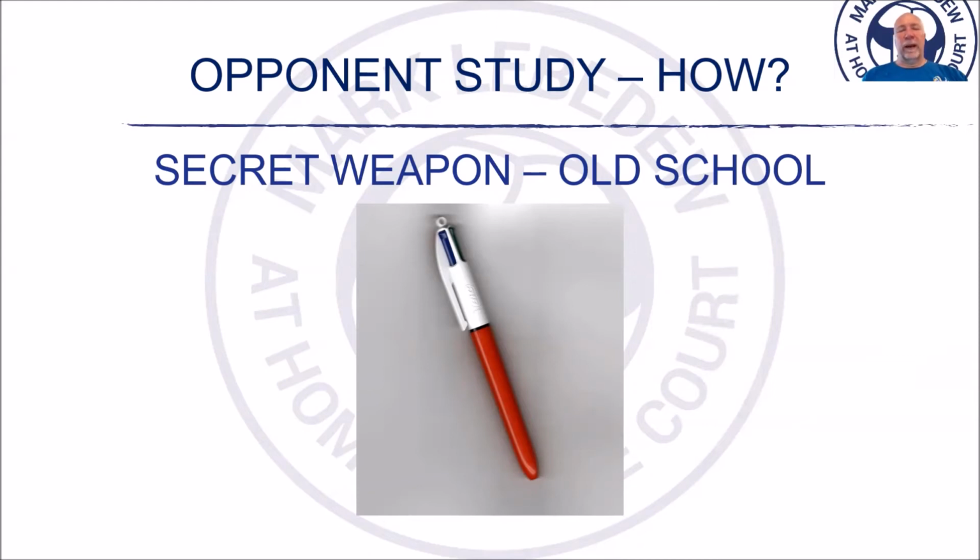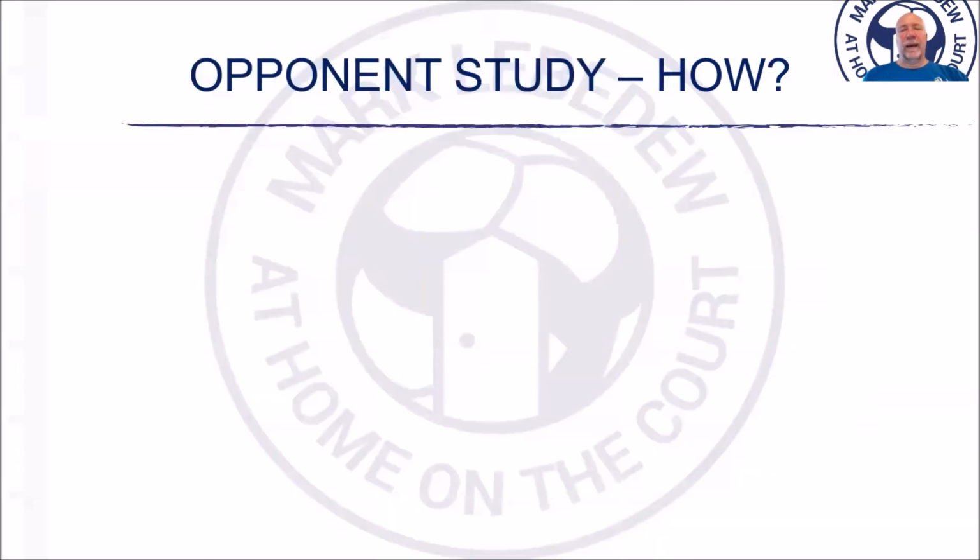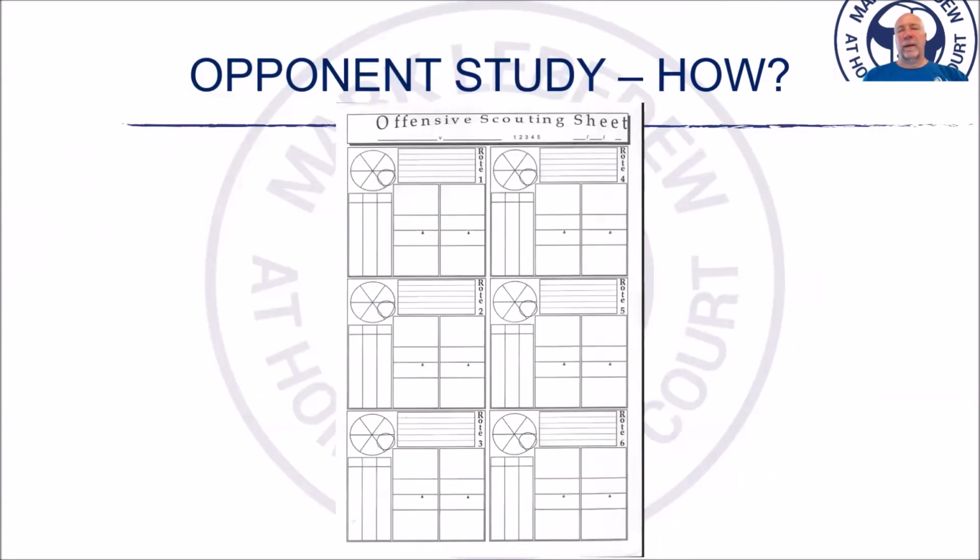If you have 4 colors, then with just a few lines and a few numbers, you can come up with some pretty amazing things that I'm about to go through now.